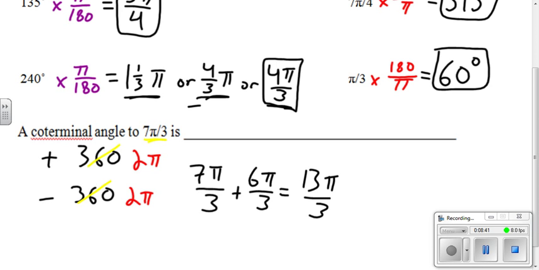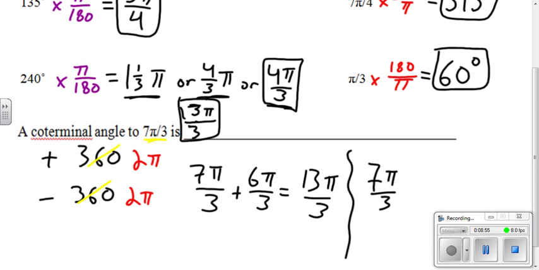13 pi over 3 is one of our coterminal angles. Or, if we wanted to go the other way, we'd have 7 pi over 3 minus 6 pi over 3. So again, in one case we added our 360 degrees, or our 6 pi over 3.